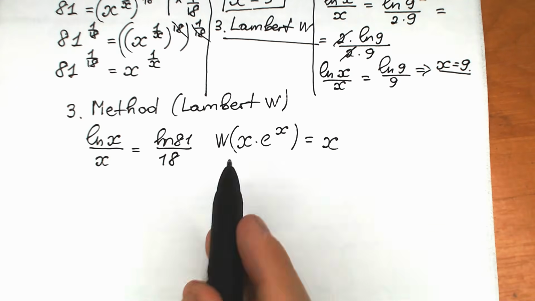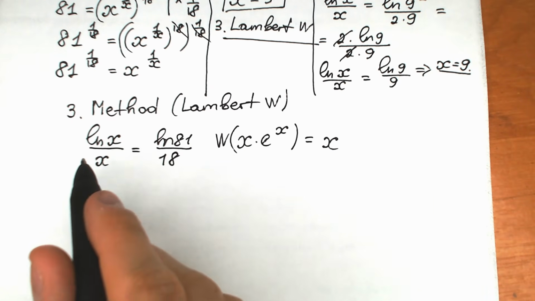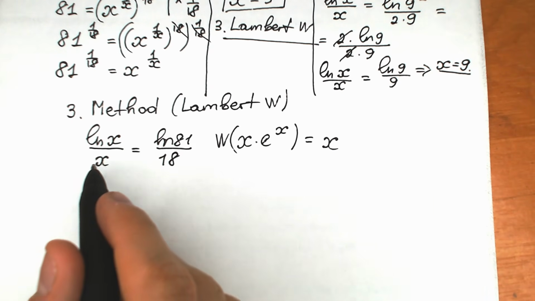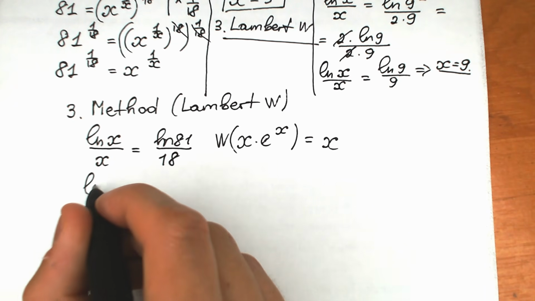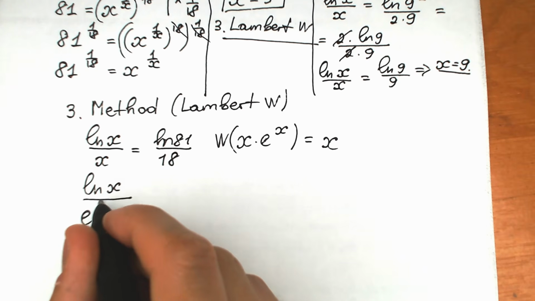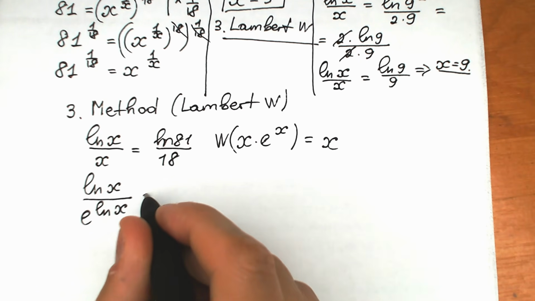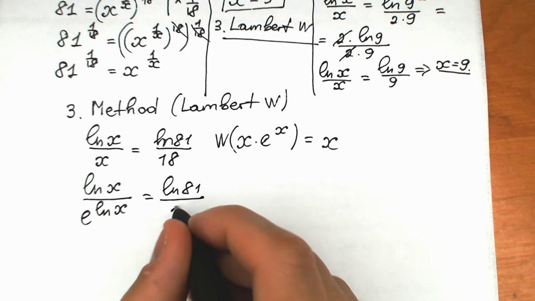Right now, we should create our e, because we don't have e on the left hand side. How can we do this? Let's write this x as e to the power natural log x. So we have natural log x over e to the power natural log x equal to natural log 81 over 18.